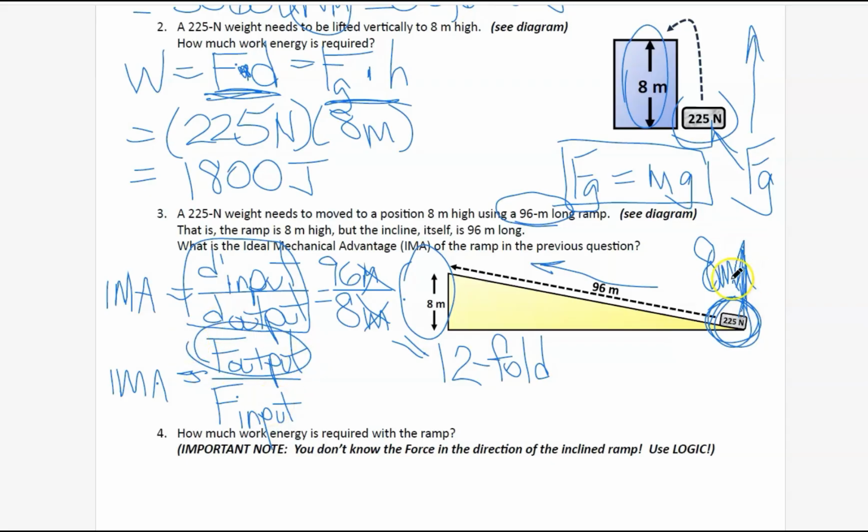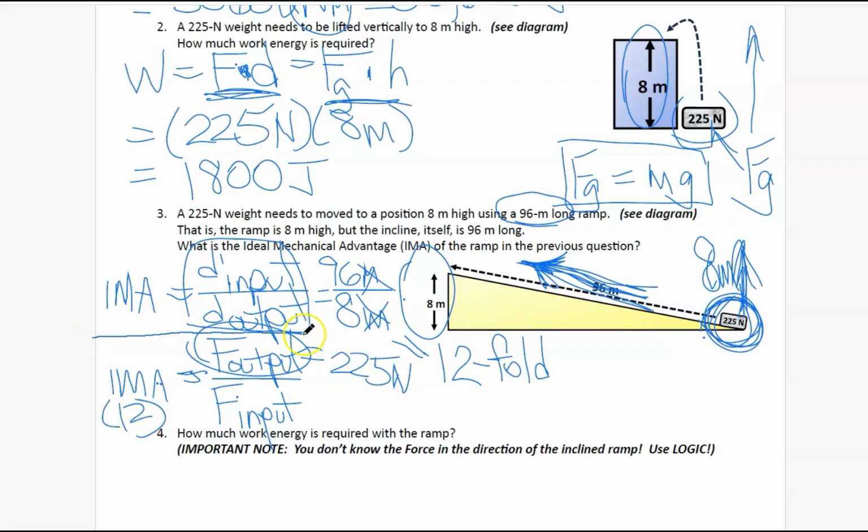It's the force that's required to lift: 225 newtons. That's the output force. We don't know how much force we have to push the object up a long ramp, but we can calculate it because we know from the previous equation that the IMA is 12.